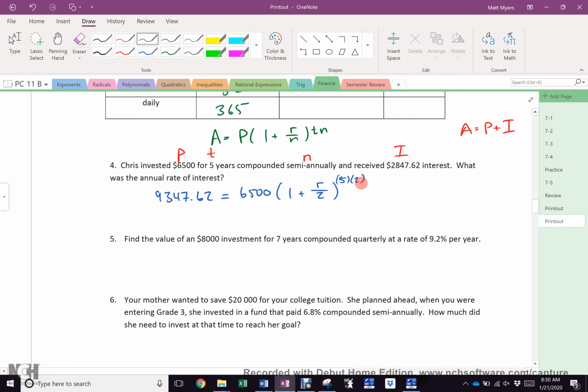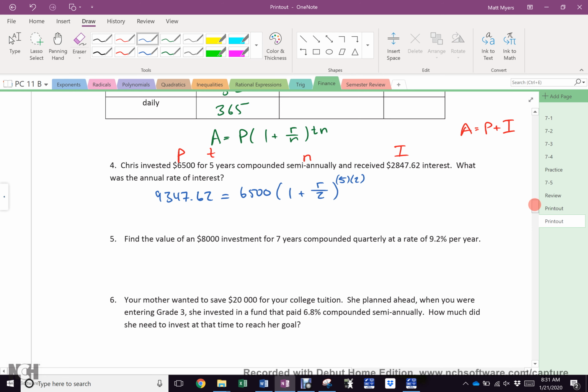Then you would just solve this equation and get R by itself. By this point in your math career, I should not need to do this to tell you what R is. You should be able to do the algebra to do that. Is everybody cool? It's just 2 formulas, right?